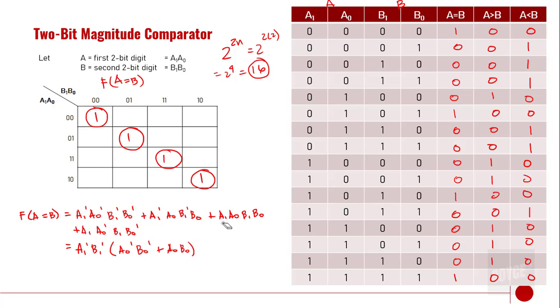And then dito naman, pwede natin i-factor out si A1, B1. Tama? Common sa third and fourth term si A1, B1. So this will look like this: A1, B1, naka-AND sa A0, B0, naka-OR sa A0 prime, B0 prime. Kasi itong natira sa loob, alam natin kung anong logic dito.